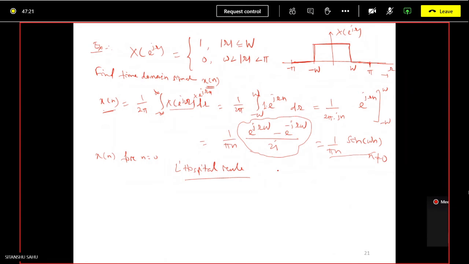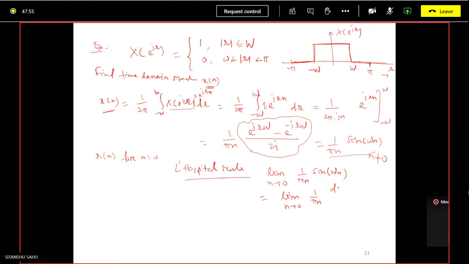Okay, so if I apply this L'Hospital rule, I can write this as limit n tends to 0, 1 upon pi n sine wn. So that means I need to take the derivative for this kind of limit. The L'Hospital rule says that I have to go for a derivative of this function.